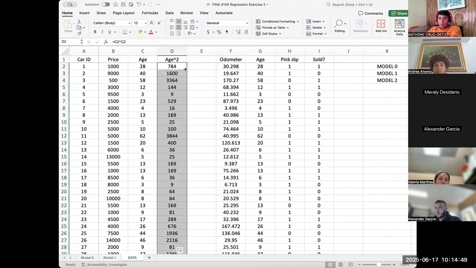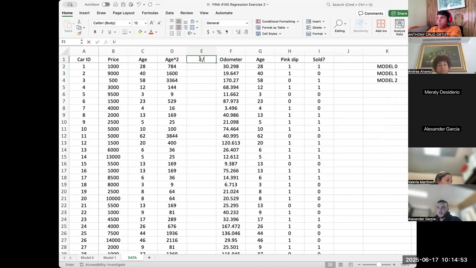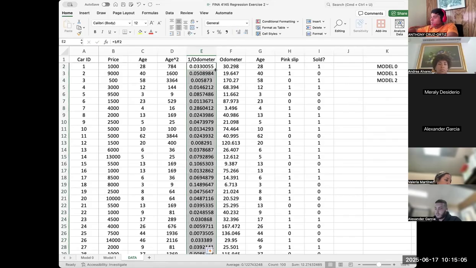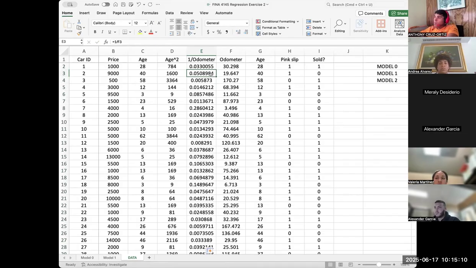So you just double click there. And then this one is going to be 1 over odometer, which is 1 divided by odometer. Okay, so these are the adjustments to try and fit the data pattern that we saw in the relationship between those variables and price.